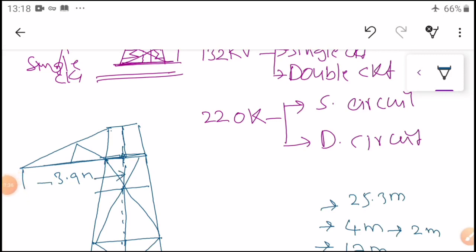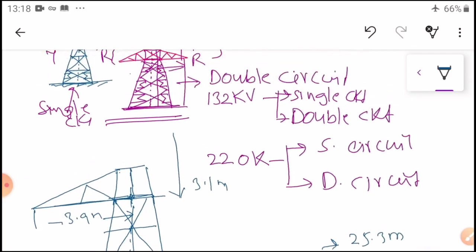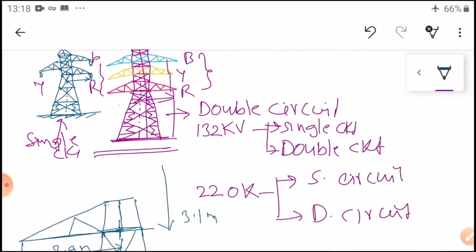Now for these two I am going to write nearly 3.1 meters. So I can extend this length.